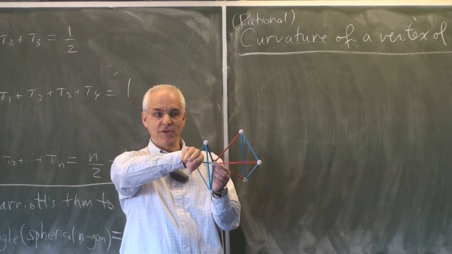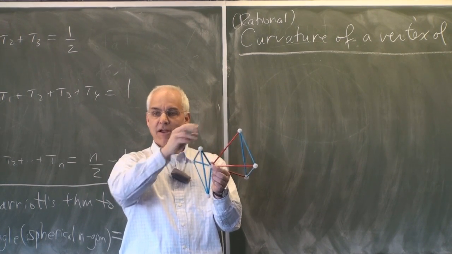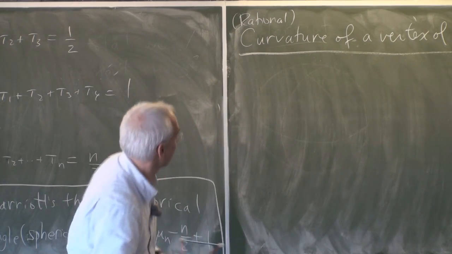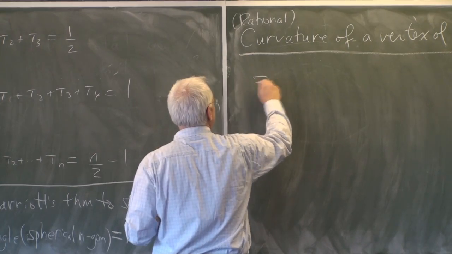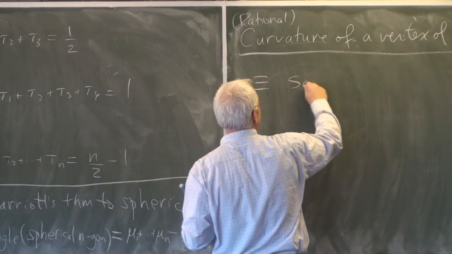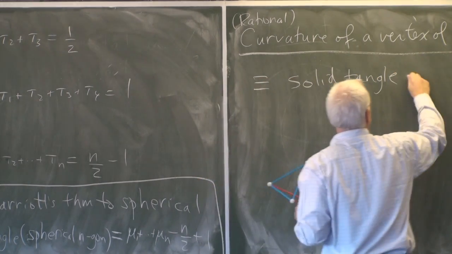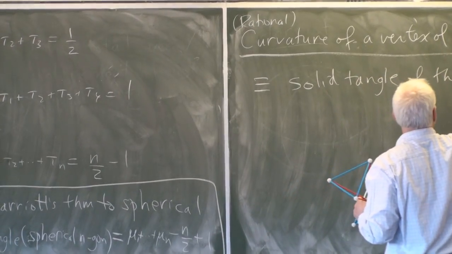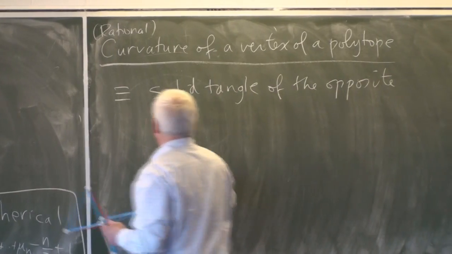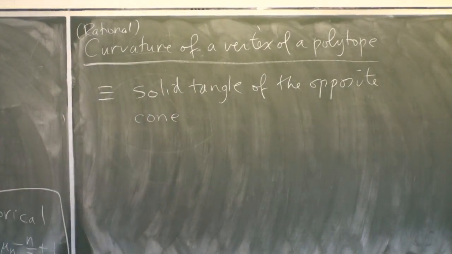The smaller this cone is, the smaller the solid tangle of this is, the smaller the curvature is here. So we define this to be the solid tangle of the opposite cone. Let me try to draw a picture of that.